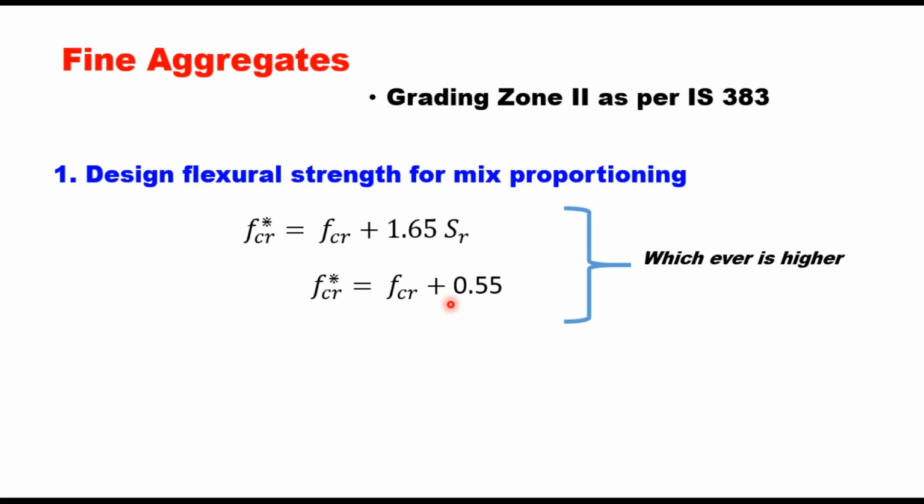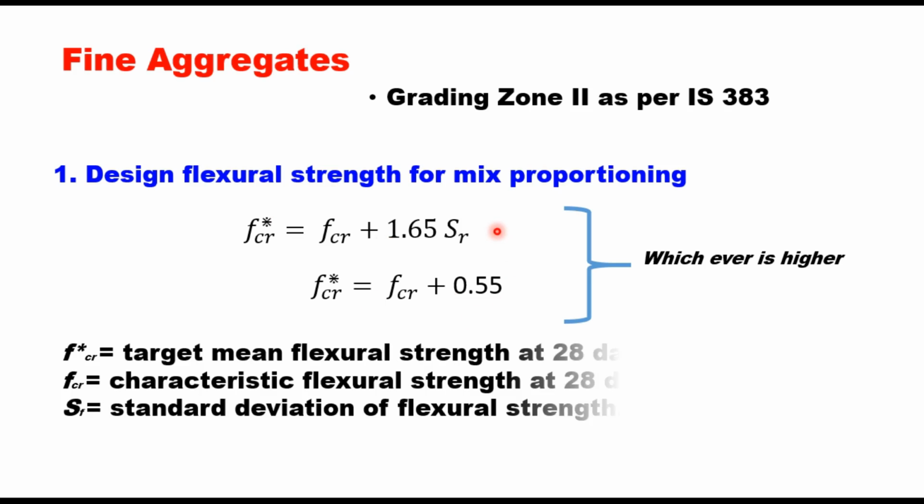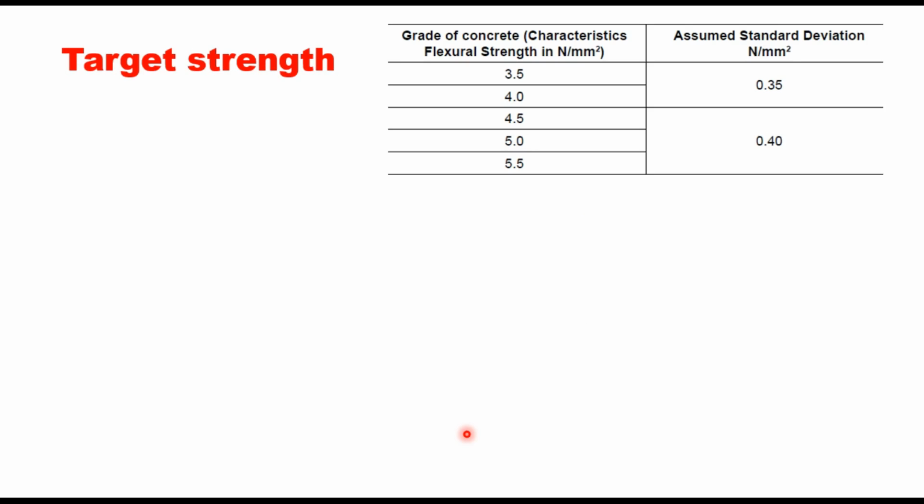Now here in this example we are designing the mix based on the flexural strength, and therefore we will use these equations. This value of S is the standard deviation of flexural strength, and its value can be taken from this table. When you have the grade of concrete, that is characteristic strength 4.5 in our case, its value is 0.4.